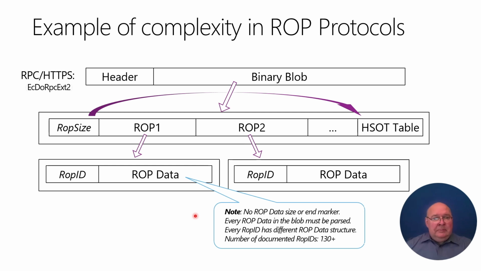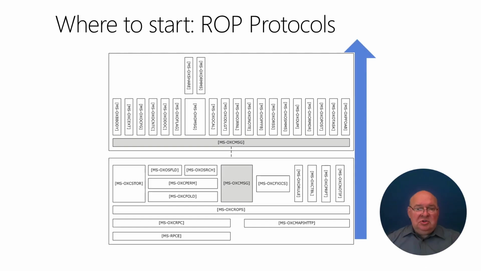The solution: the application using this protocol family needs to be able to parse all possible ROPs, and there are more than 130 of them. This large set of documentation is highly hierarchical, and this picture shows you where to start.